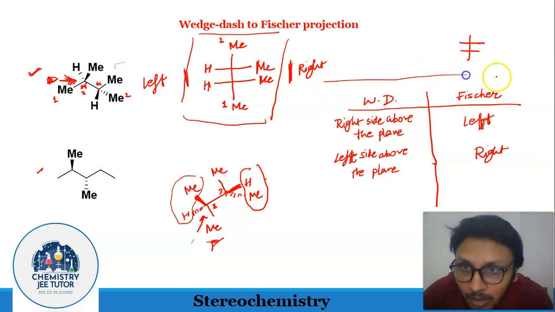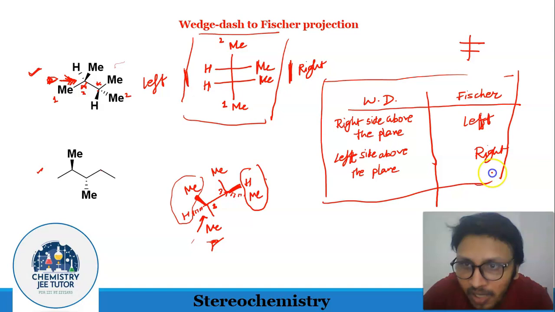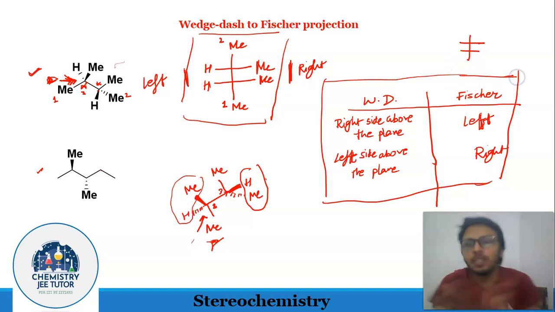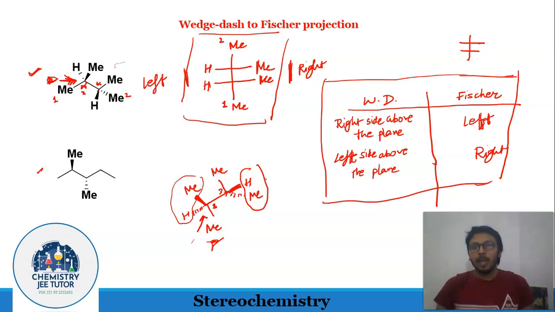Remember this table. You can understand other things, because obviously right side above the plane goes left means below the plane goes to the other side, because there is only above the plane and below the plane. In a wedge dash, right side above the plane goes to the left side in a Fischer projection. If there is a left side above the plane, it goes to the right side in a Fischer projection. Just remember this table.